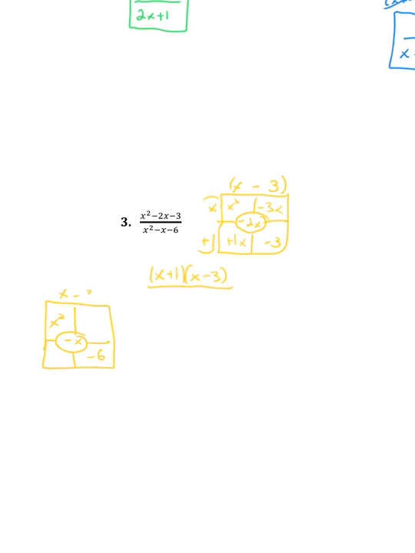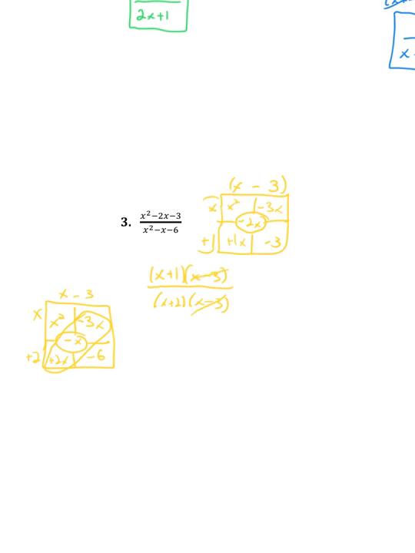So let's start with an x minus 3 over here. If I made one side x minus 3, that means the other side would have to be positive 2. And that would give me a negative 3x there and a positive 2x there. And that does make a negative x in the middle. That's perfect. And that's exactly what I want to see, because that means x minus 3 divided by x minus 3 goes away.